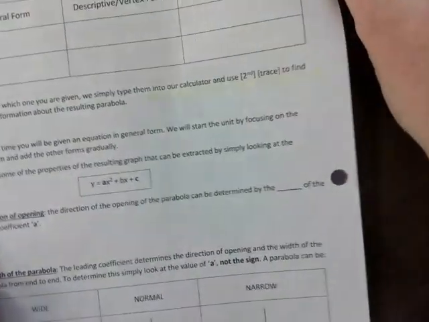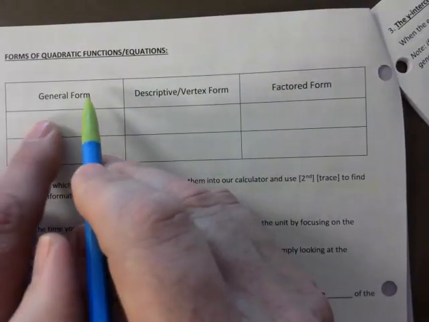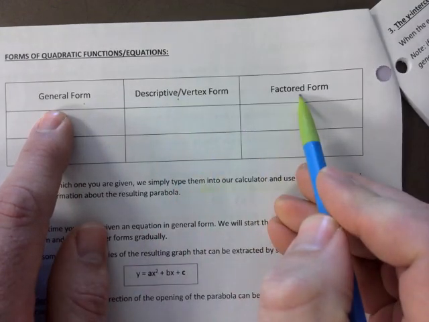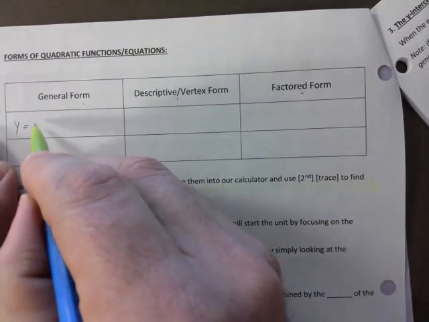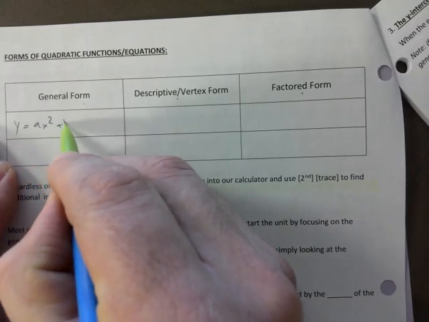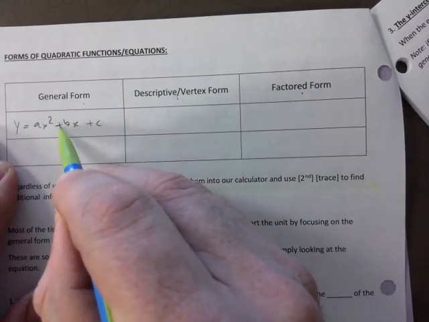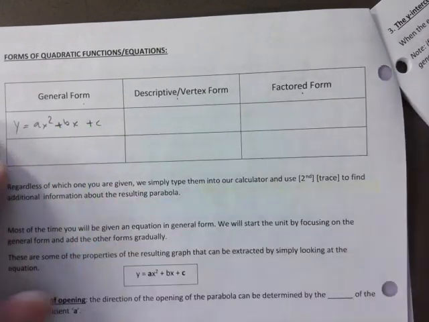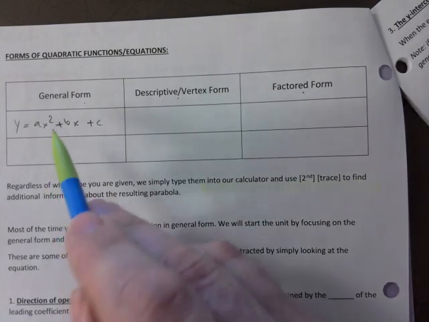So, there are 3 forms of the quadratic. The general is the one we're going to use most often. So in general, we go plus, plus, plus, but it could be that there's a negative.